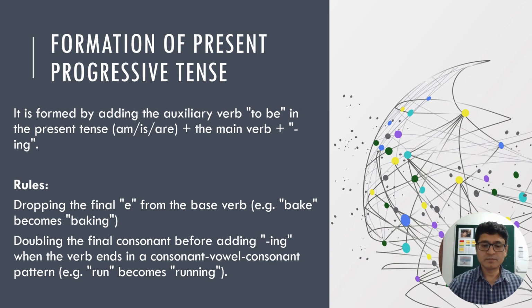For example, run is r, u, n. So running. Shopping also, shopping. So sh is a consonant, then o and p. So in these situations, we'll be using ing after doubling the last letter.